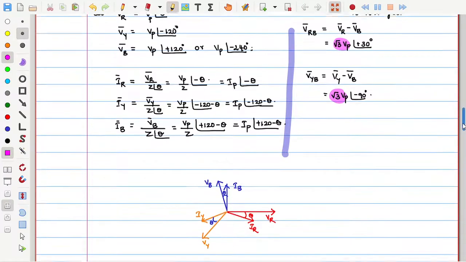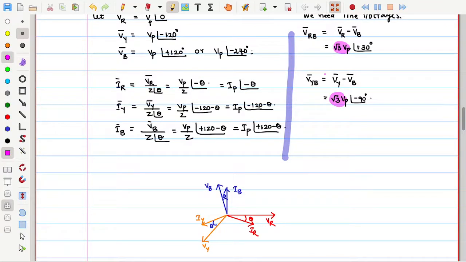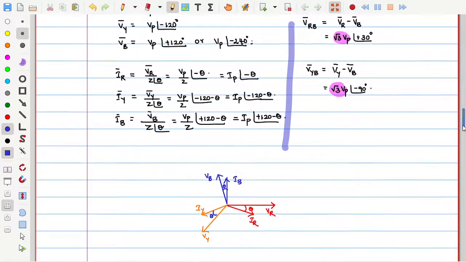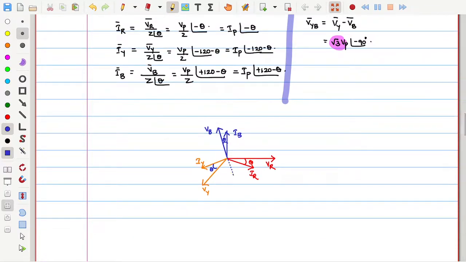Let me indicate these two things over here. In the phasor diagram, I want to indicate these two. VRB means VR minus VB. So where is VR and where is minus VB? Minus VB I will sketch in this way with dotted lines. So very carefully observe, this is minus VB.